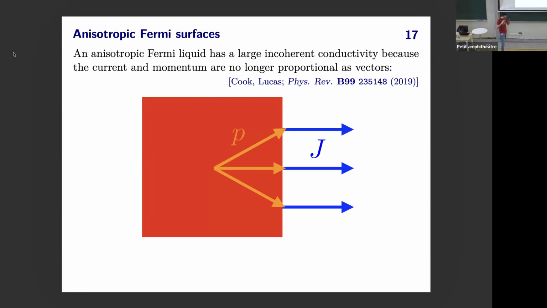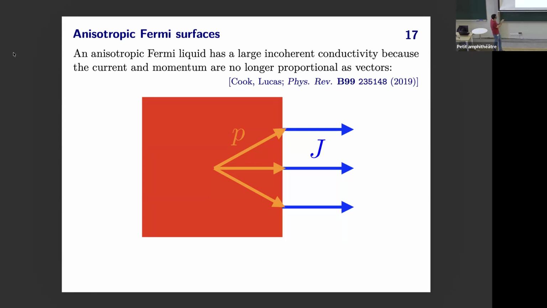If we wanted to say that the momentum density and the current are locked together, even in a quasi-particle kinetic description, that would mean that for every point on the Fermi surface, the momentum vector and the velocity vector are parallel to each other. That's a minimum requirement. It's not sufficient, but it's certainly a necessary condition. But now let's take a Fermi surface, in this case a square.